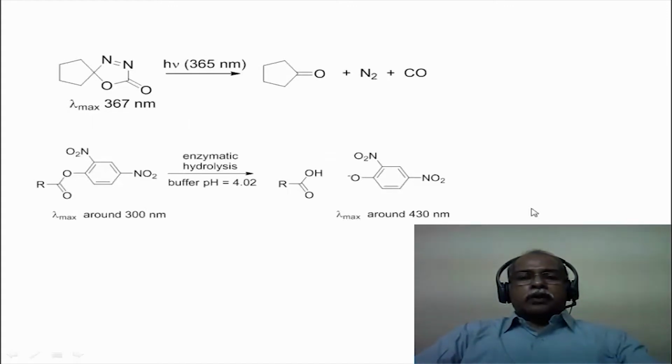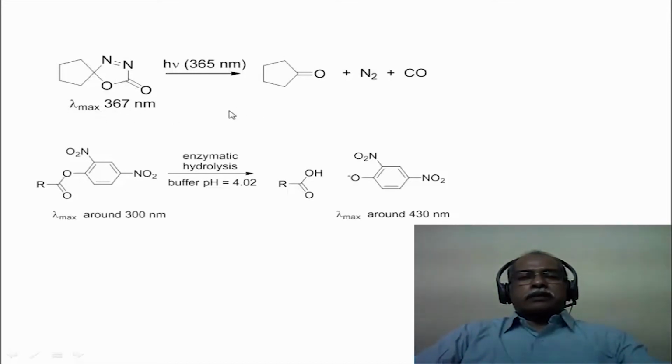Now, photochemistry is closely associated with electronic absorption spectroscopy. Electronic absorption spectroscopy can be used very conveniently for following certain photochemical reactions. Let us take the example of this particular phototransformation. This is a spirocyclic compound, and it has an absorption maximum around 367 nanometer.